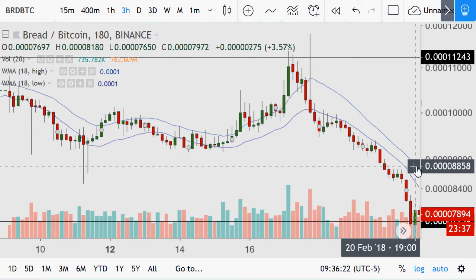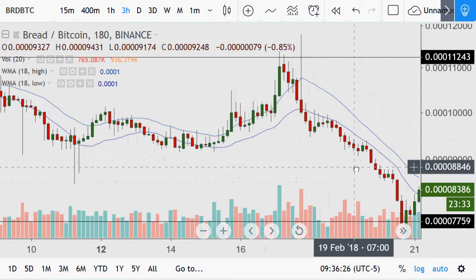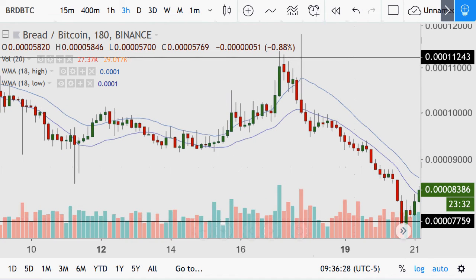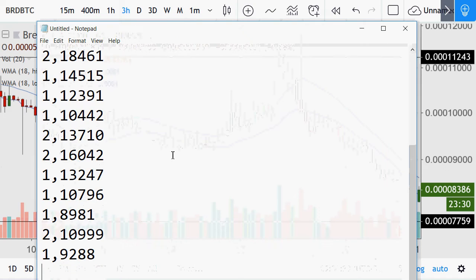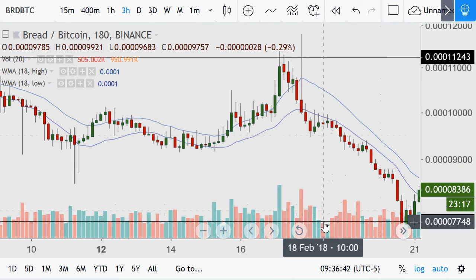But instead, it's a buy. No, can't see the number too well. 77.59. And got all of these trades in here. So just added one more.